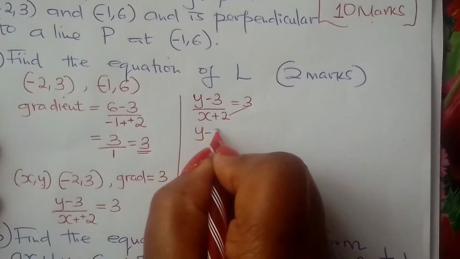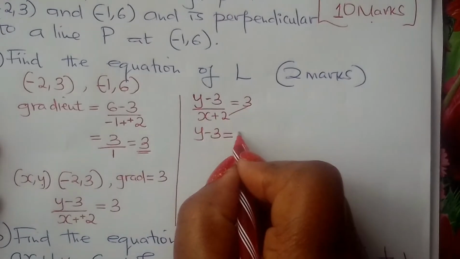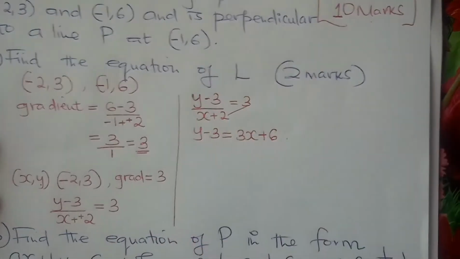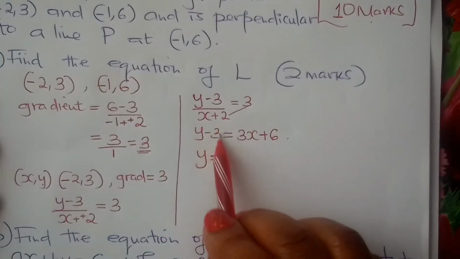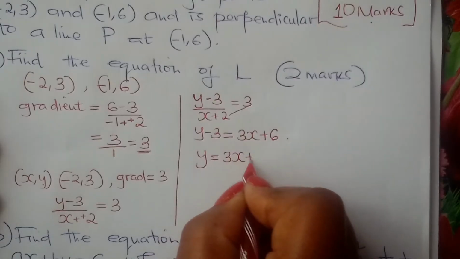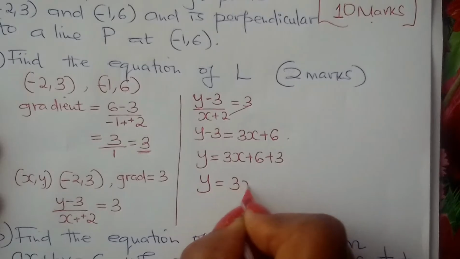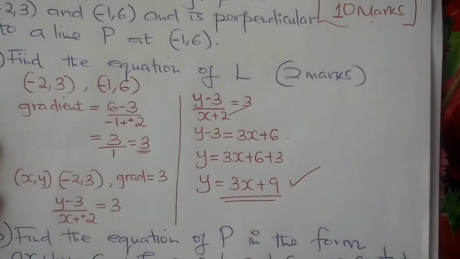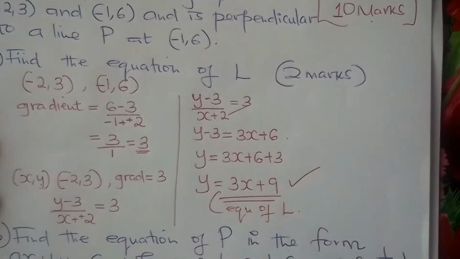So y minus 3 is equal to 3x plus 6. Make y the subject by taking -3 to the other side. So y is equal to 3x plus 6 plus 3. And so y is equal to 3x plus 9 is the equation of line L.